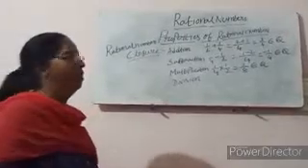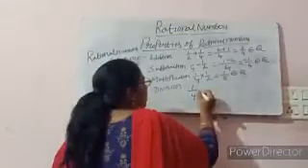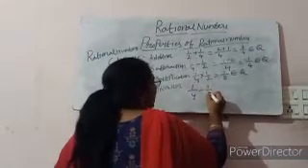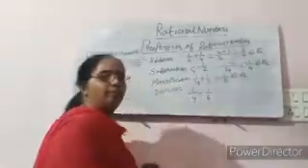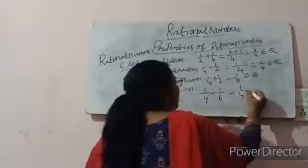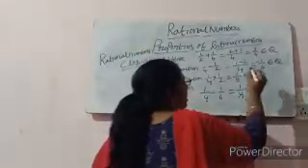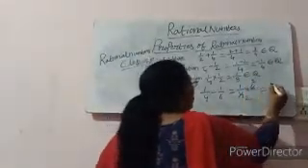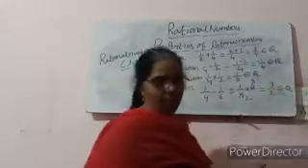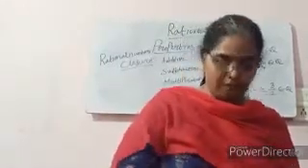Coming to division, for example, 1 by 4 divided by 1 by 6 is 1 by 4 into 6, which gives 3 by 2, a rational number. But it won't satisfy in all cases of division.